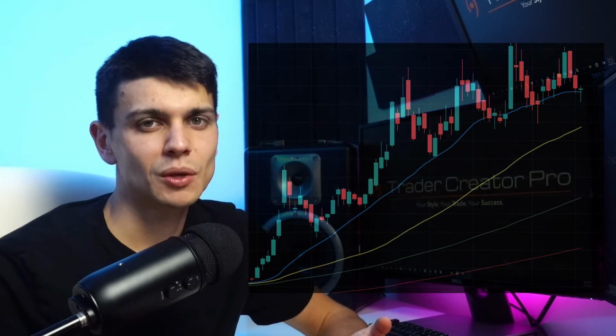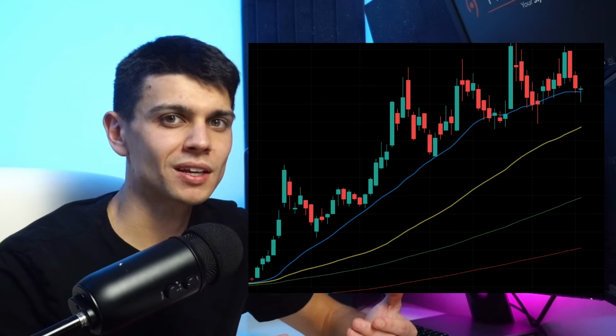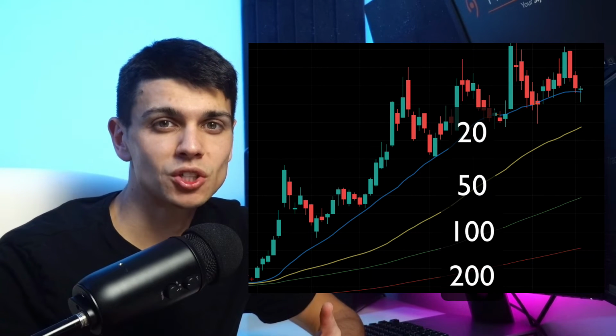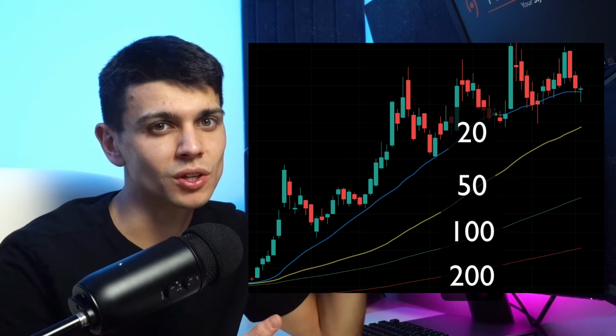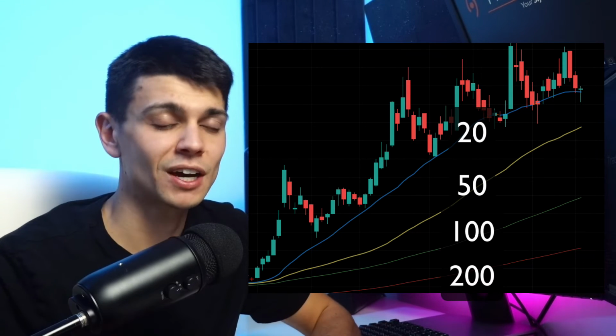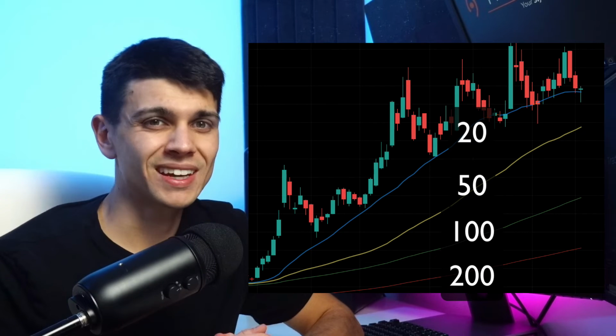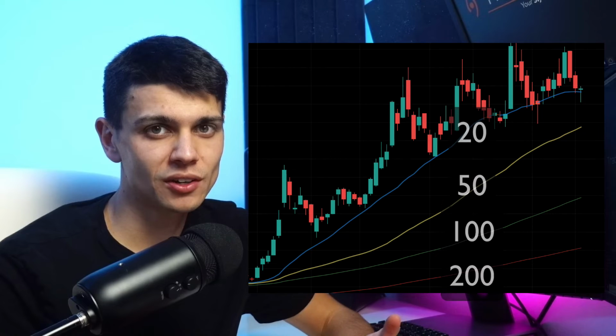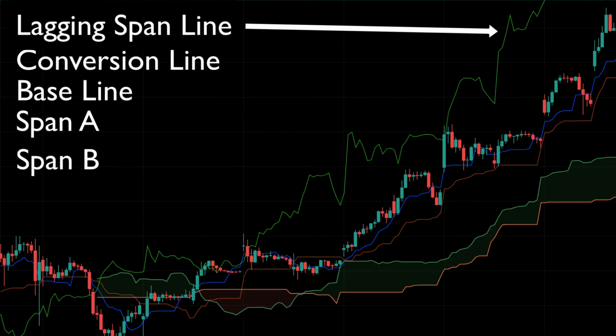To make all these make sense to you, I want you to think of these like typical moving averages. Remember talking about the 20, 50, 100, and 200? Well, in an uptrend, they should stack up with the 20 on top and the 200 on bottom, and vice versa for a downtrend. The Ichimoku Cloud is much like this, starting with the lagging line at the top.